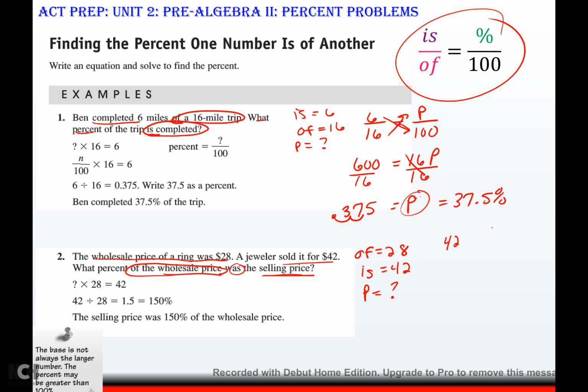So I do 42 over 28 equals P over 100. And I cross multiply. So I've got 42 times 100 would be 4200 equals 28P, divide by 28, divide by 28, and you get P equals 150%.